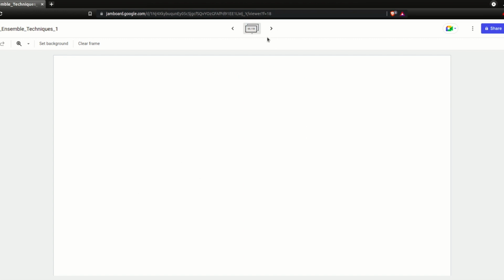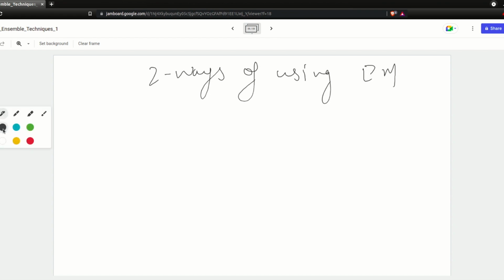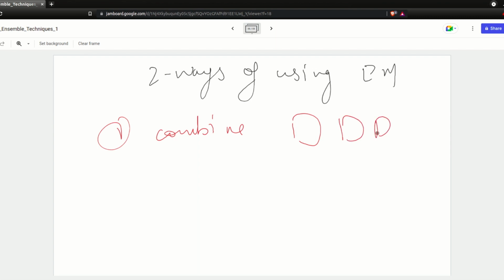There are basically two ways of using ensemble methods. The first way is that you can combine weak models, and they can be large in number.